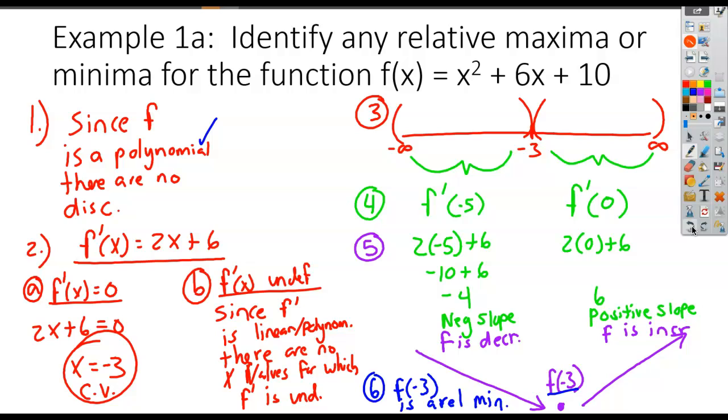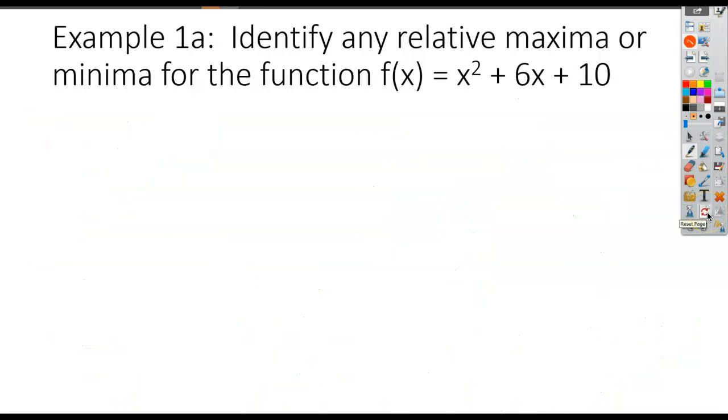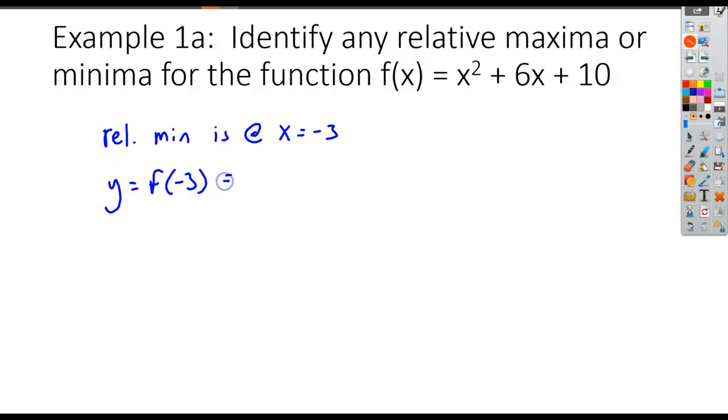Depending on the question, they might ask you to find different answers. For instance, do they want the x value? If they want the x value, then the relative minimum is at x equals -3. But if they want the y value, that is f of -3, which is -3 squared plus 6 times -3 plus 10.